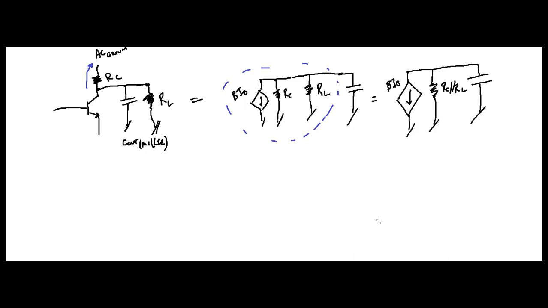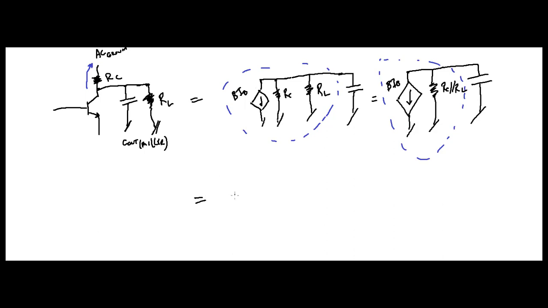Got it? Now, think back to Norton and Thevenin. You can also draw an equivalent circuit. Here you have a current source and a resistance in parallel with it, right? Let's draw that down here.